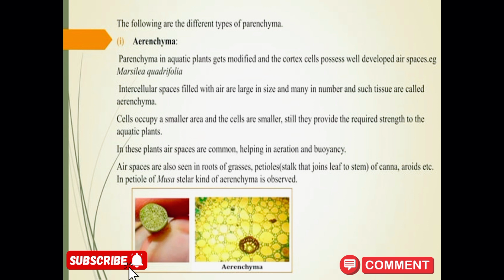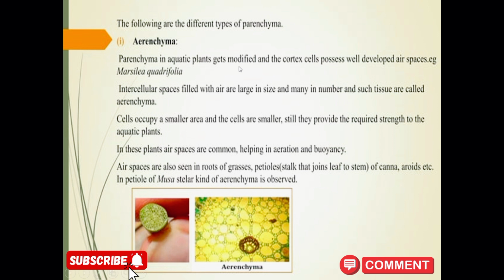These are the types of parenchyma. Aerenchyma, as the name indicates, consists of parenchymatous cells in which large air spaces are present, or we can say the intercellular spaces filled with air are large in size and many in number.